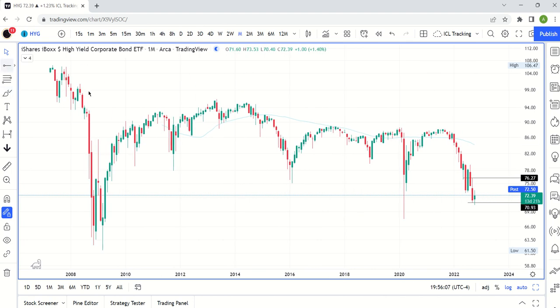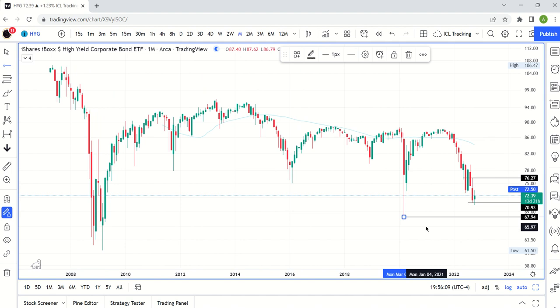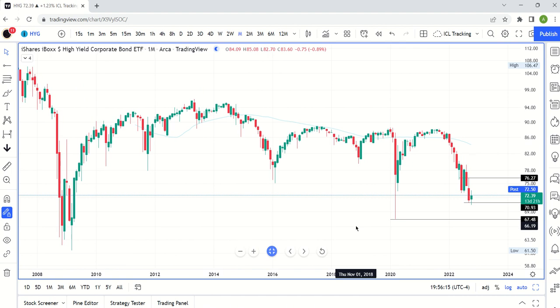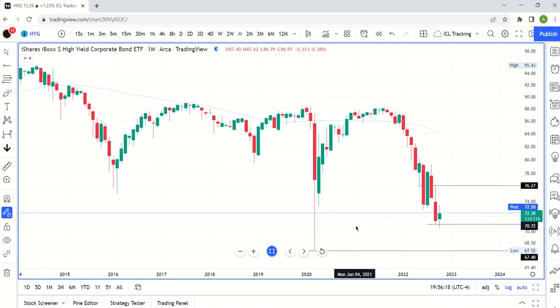So HYG, which is high yield debt, so a little bit less quality, companies that have maybe a little bit harder time getting financing, and obviously we're going into an environment with less liquidity just in general. We're still above the COVID low, which was 67.50 basically. We're up here at 72.50. And that's a big move for an index like this.